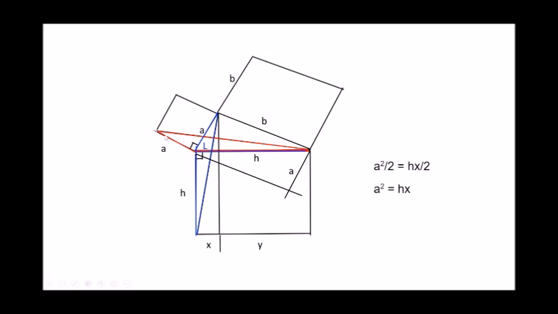So the area of the red triangle is A squared over 2. The area of this triangle is HX over 2, and they're identical triangles, remember. And so we can see that A squared over 2 equals HX over 2, or A squared equals HX, or if you like, the square of this square in area is equal to this rectangle in area. So that now completes the proof for that side.